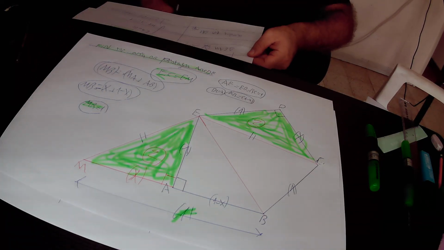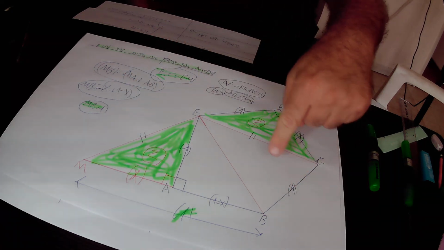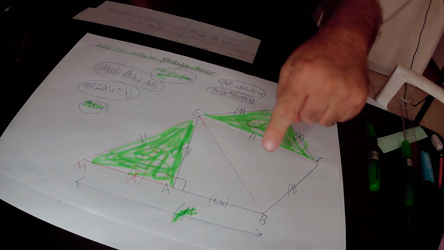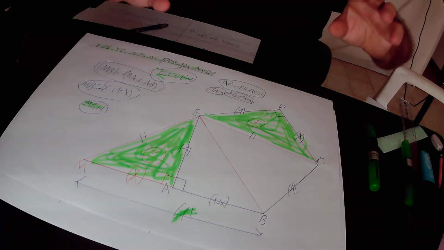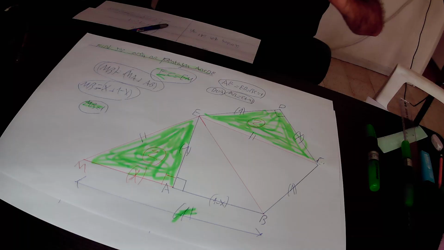So we found out that all the three sides of this triangle EMB are corresponding equal to all the three sides of this triangle EBC, and therefore those two triangles can go into each other according to side rule.